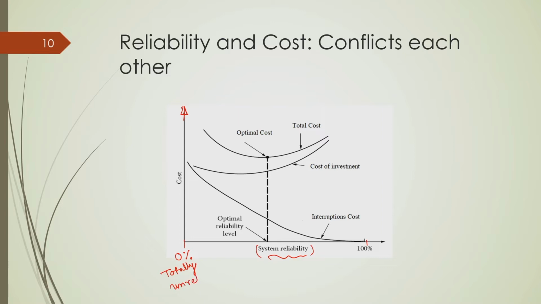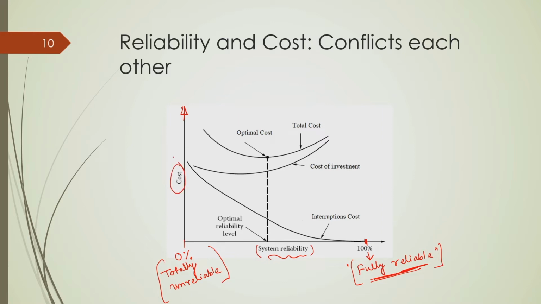Fully reliable may not physically exist, or it may not even be feasible to make something fully reliable, but let us assume that this is the index which represents the degree of reliability. And in this particular vertical axis, it represents the cost.